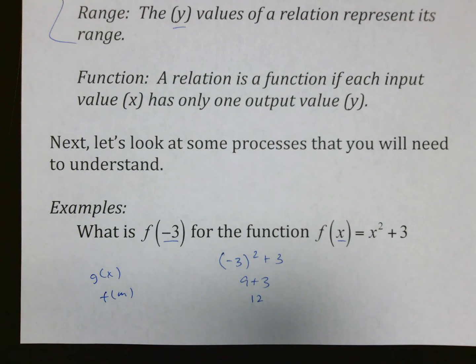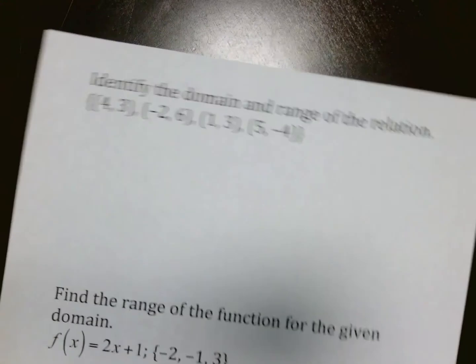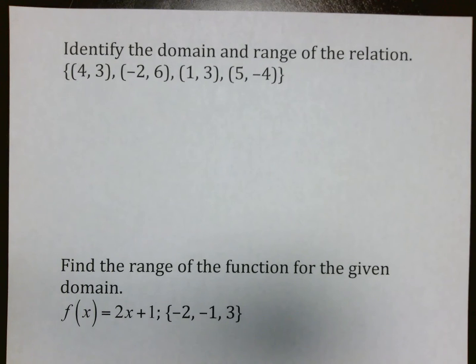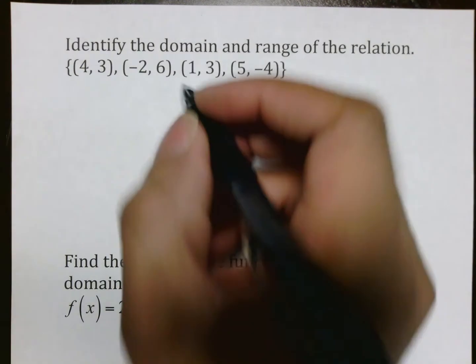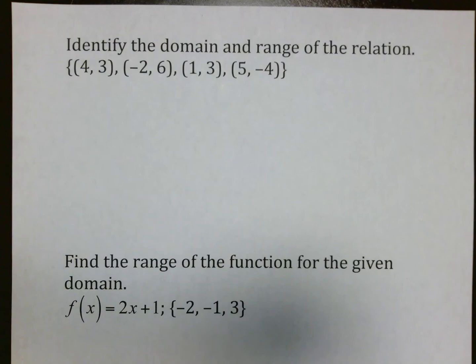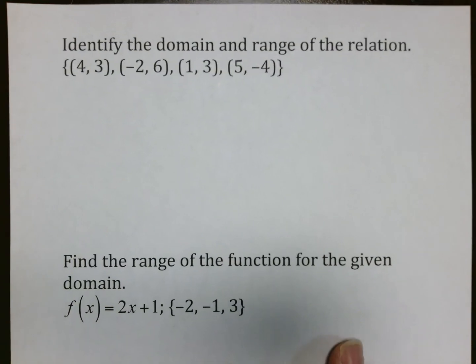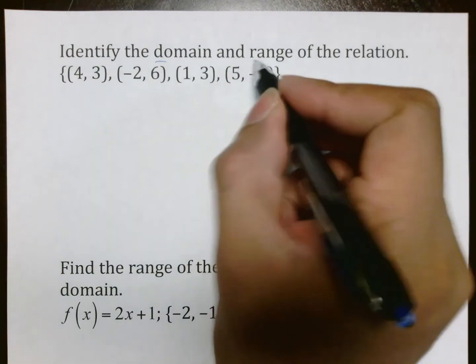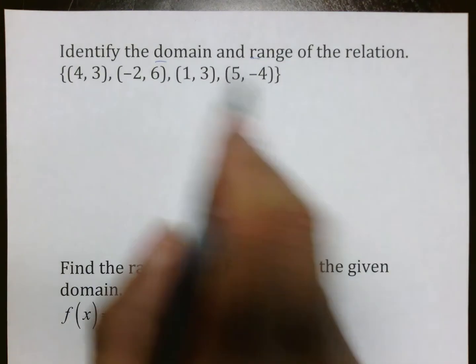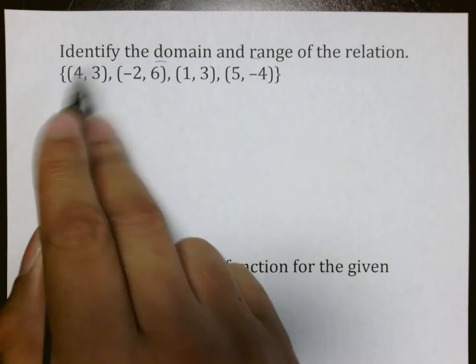Alright. Another thing you'll be asked to do is to identify the domain and range of a relation, which really shouldn't be that bad, just because all it's asking you to do is give the values themselves. So keeping in mind that domain and range represent x and y, the easiest way to remember them is that if you alphabetize domain and range, this is first, that's second. Well, this is the first number, the first letter of your ordered pair.